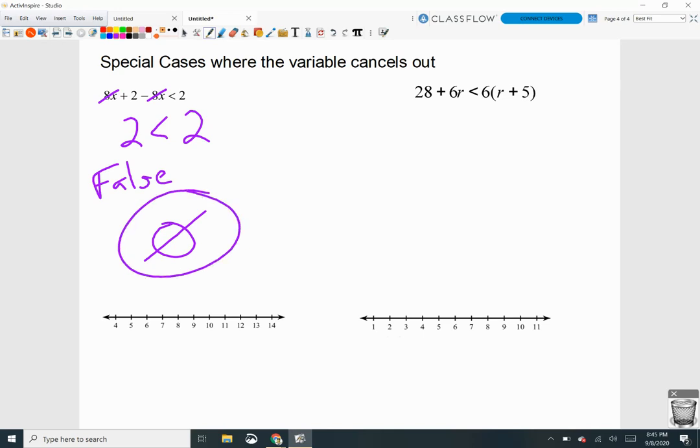This symbol right here, the circle with the slash through it, means no solution. Saves you from having to write it out. So there's nothing to graph down here. Now, the one on the right, distribute to get rid of your parentheses.